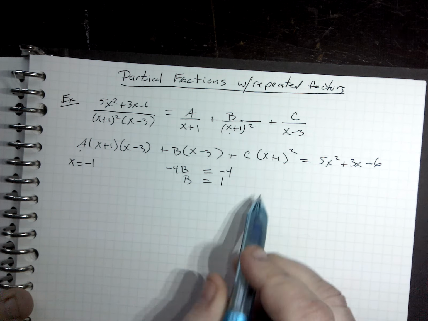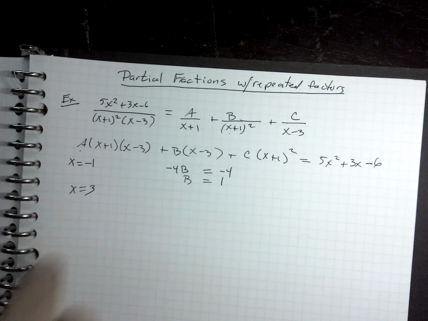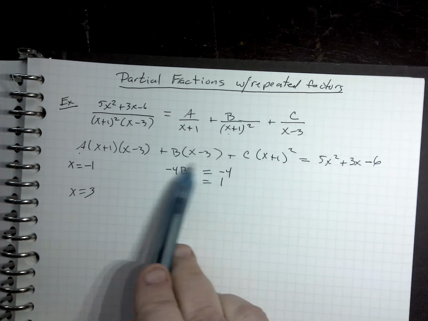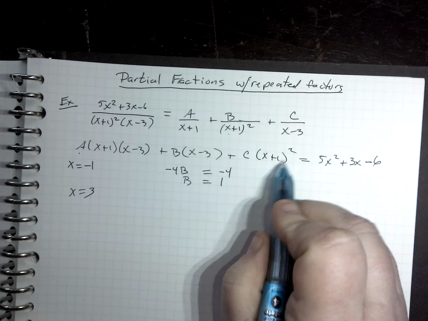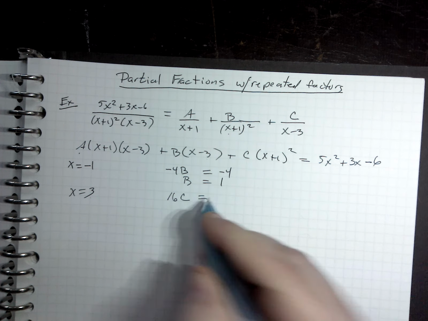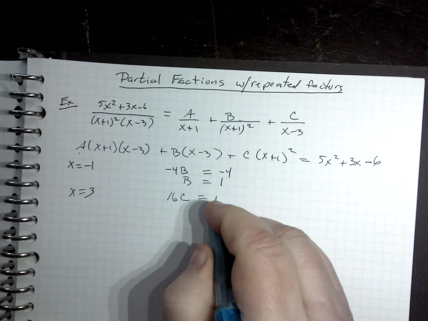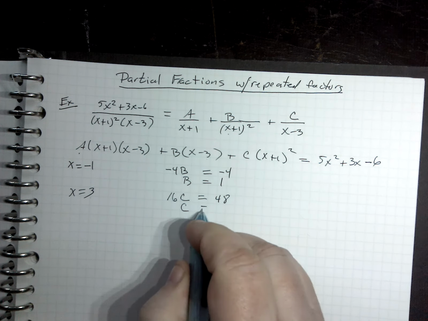Cool. Now, the next convenient number, let's try 3. If I use 3, then the A expression and the B expression go to 0. The only thing that's left is the C. If I plug 3 in here, I get 3 plus 1 is 4, squared 16. So I'm going to get 16C is equal to, if I stick 3 in here, I will get 48. Which means C is equal to 3.